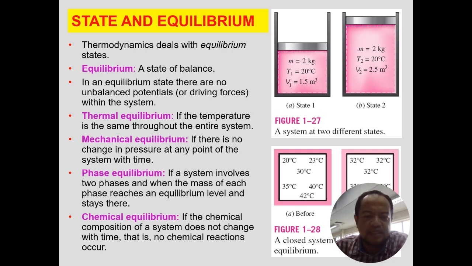Next is chemical equilibrium. If the chemical composition of a system does not change within time, no chemical reaction occurs. Let's say you have this volume, and you put in sodium chloride, the regular salt. This regular salt will remain in all areas of this volume.